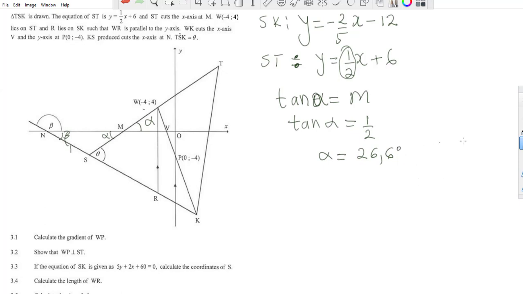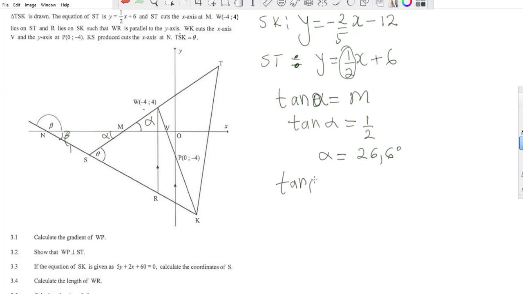Okay, so now once we find this angle alpha, when you have a vertical angle, these two angles will be equal, and these two also will be equal. So this is alpha.